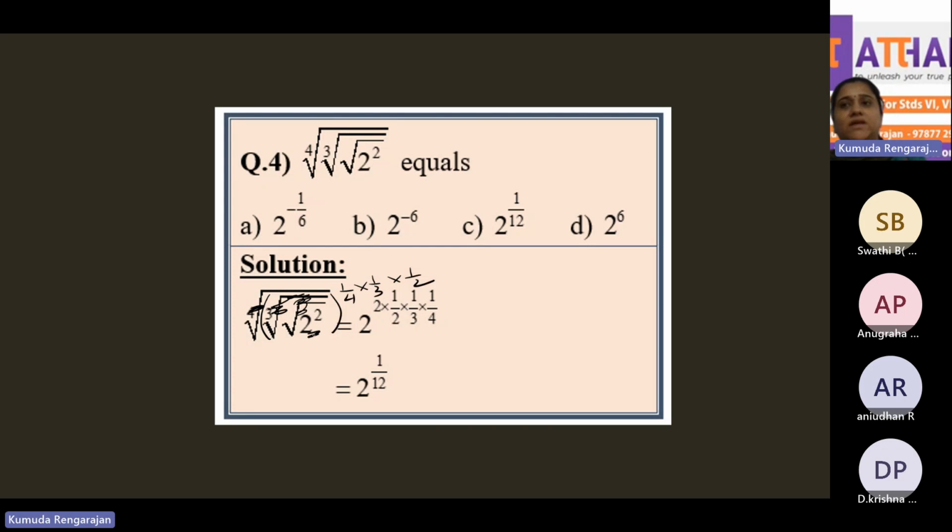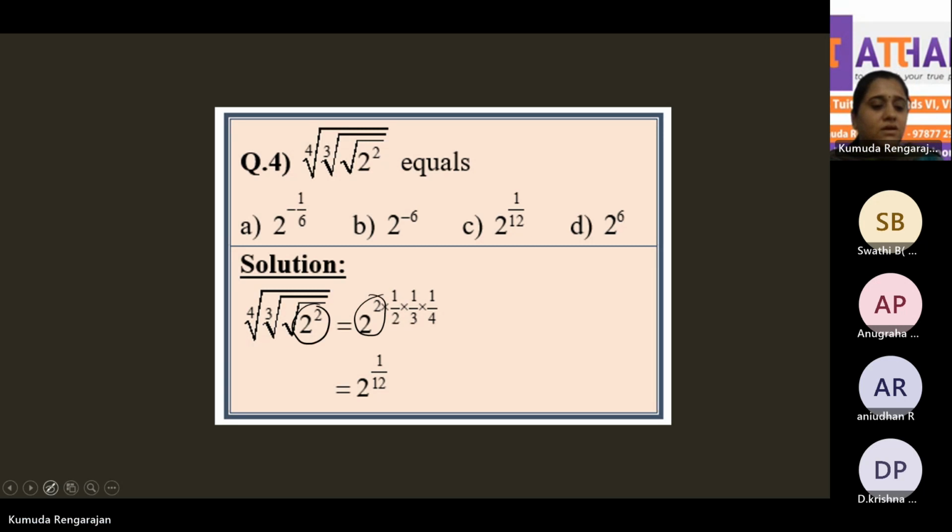Then this 2 square will be there, right? When there are many powers, we'll have to multiply the powers. When you remove the fourth root of something, fourth root becomes 1 by 4. Cube root becomes 1 by 3. Square root becomes 1 by 2. And when there are many powers, we'll have to multiply the powers.